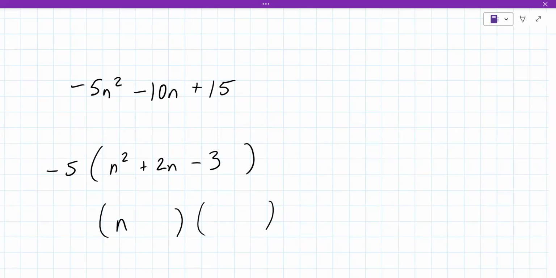That's a negative, so hold on. -3 plus 2. Yeah, n minus 1, n plus 3. Okay, really good. That does work.